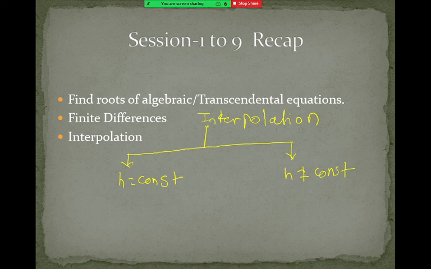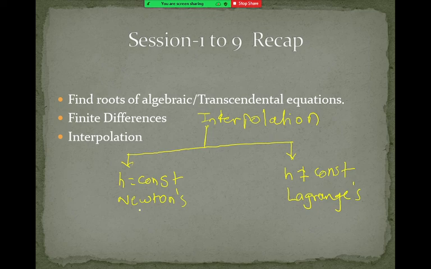Obviously, when h is a constant, that means data is equally spaced. The difference between two successive values of x is a constant. Then we use Newton's interpolation. And when h is not constant, we use Lagrange's interpolation.